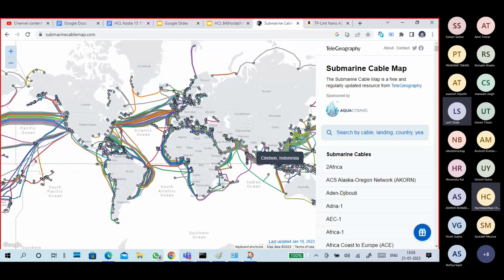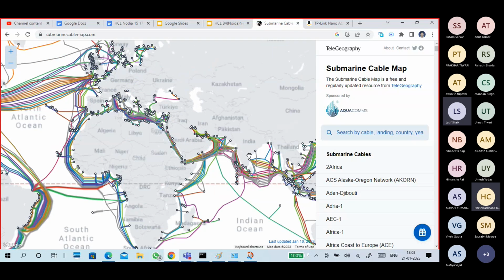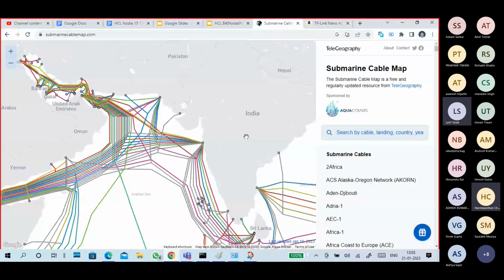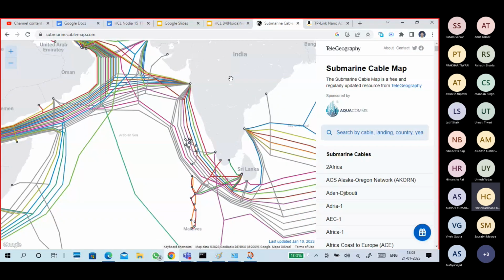See, where is India? This is India. Find out where India is. Here it is Mumbai, Gujarat, one line is there. Here it is Visakhapatnam, from Visakhapatnam one line is there.